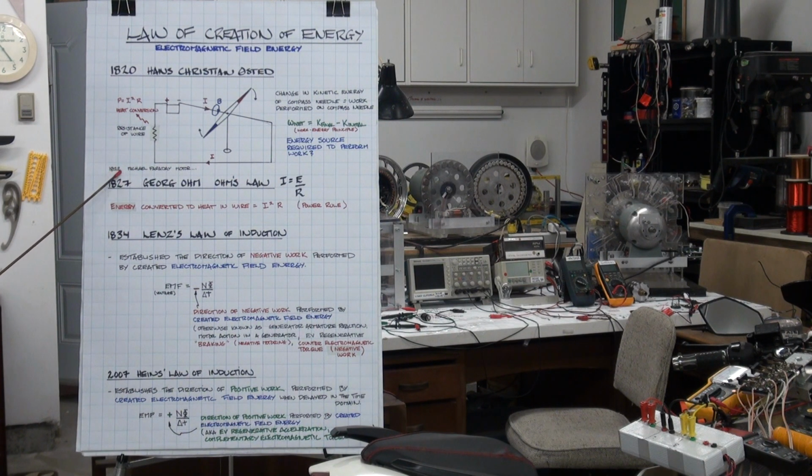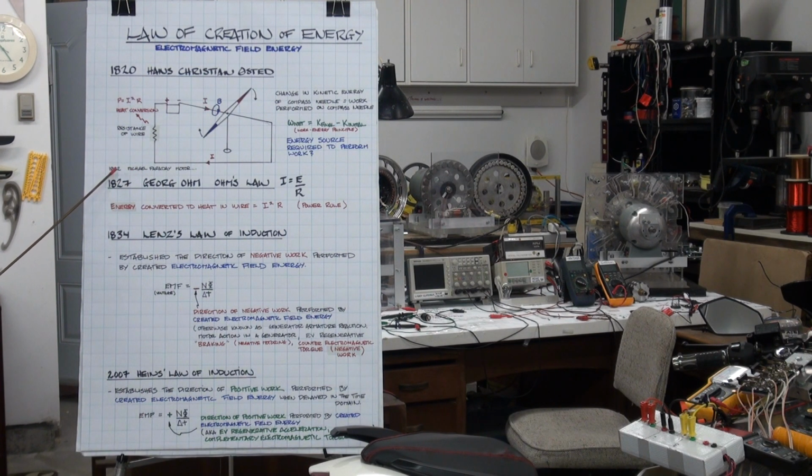In 1822, Michael Faraday would advance on Ørsted's discovery, and he would build the world's first electric motor, which created electromagnetic field energy in order to perform positive work.